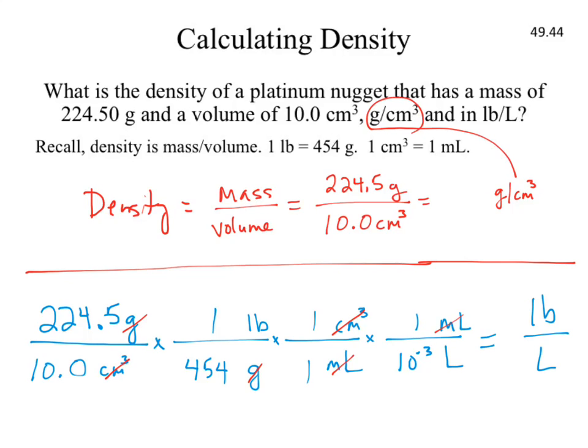Which is going to be sig figs. How many sig figs should show up in our answer? Let's start over here. How many sig figs? Why is that infinite? It's exact, metric to metric. Say that a little louder.